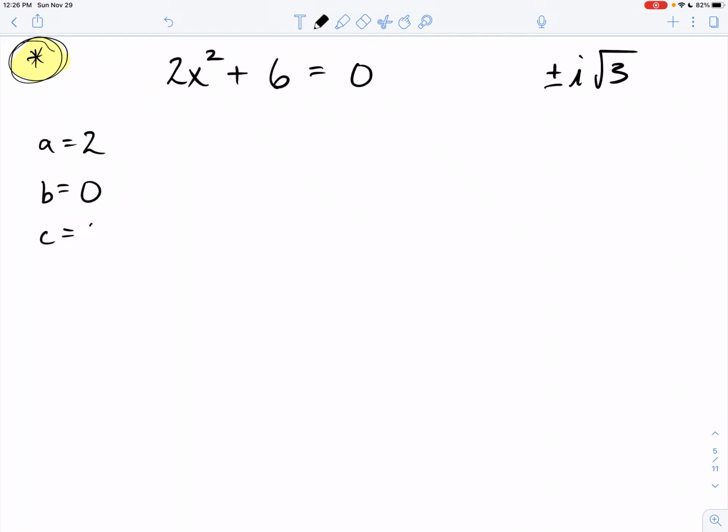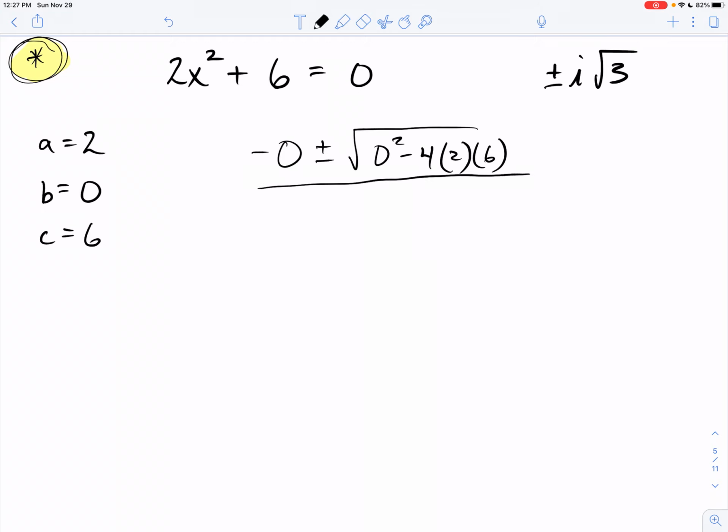My c is 6. Well, what does that do for me in the quadratic formula? Well, it does this. Negative b, well, negative nothing, plus or minus square root of nothing squared, doesn't matter, minus 4 times a times c, in this case, all over 2a.